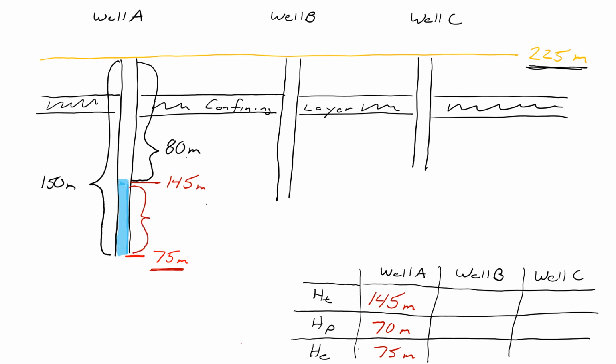Pressure head is 70, basically the height of the column of water in the piezometer. So 75 plus 70 equals 145. So your pressure head plus your elevation head should always equal your total head.